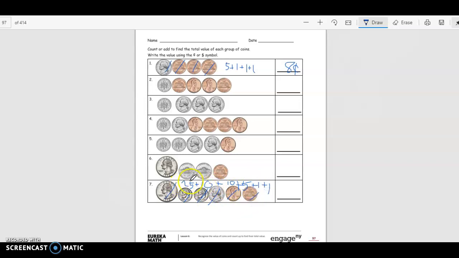So I want you to count 25 plus a 10 is 35, plus 10, 45, plus 5, 50, plus 1, 51, plus 1 is 52 cents.